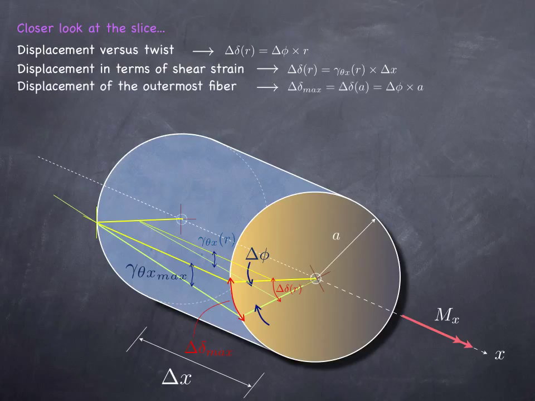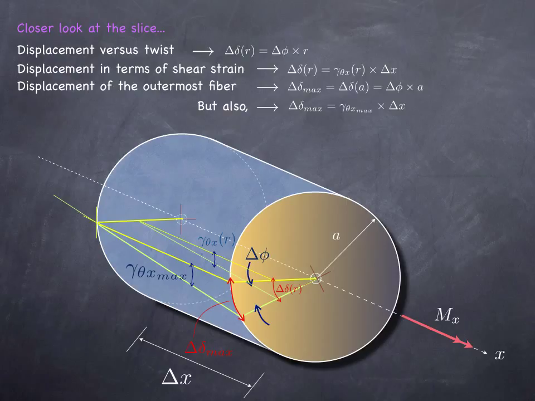This will yield the delta delta max, which is simply equal to delta phi, the increment of the twisting angle from the back end to the front end, times the radius of the circle. And I can do the same with the other expression and say that delta delta max is also equal to gamma max times delta x.